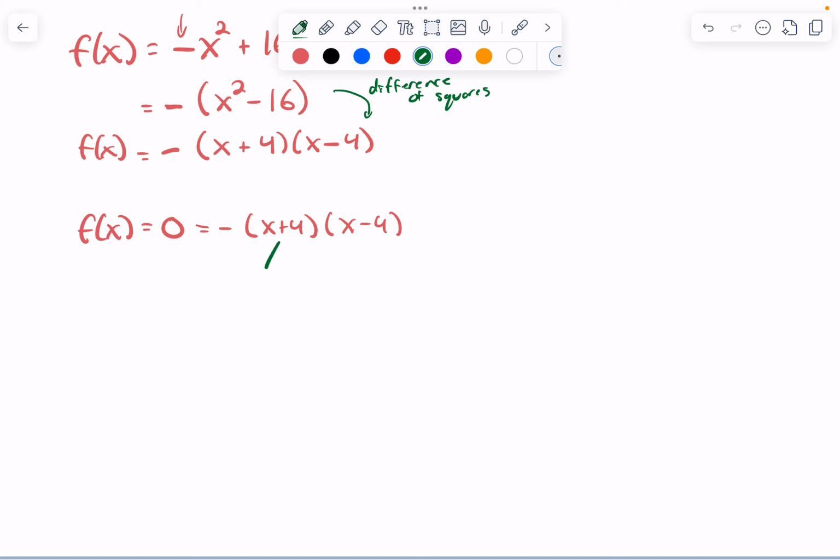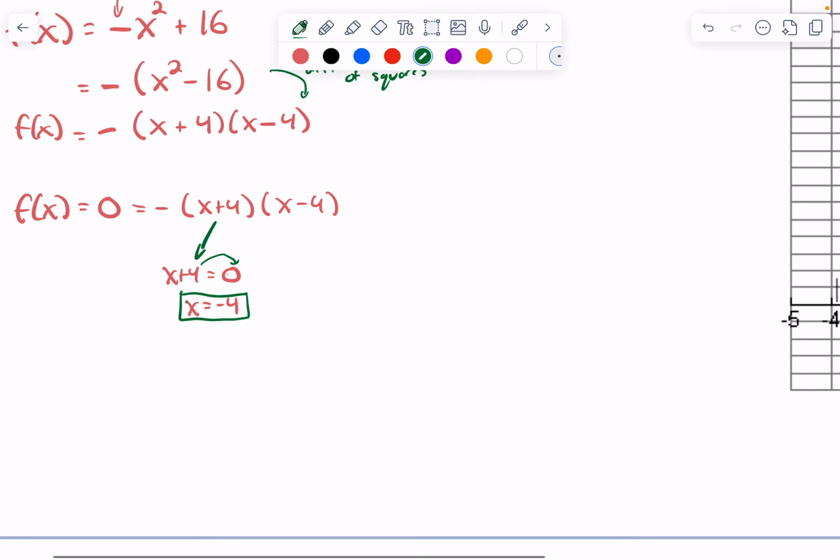Well, you just take this bracket, this x plus 4, and you say, okay, what value of x, solve for x, would make it 0? So bring the 4 over to the other side, and you would find that if x was minus 4, then this whole thing would equal 0. So there is one of your x-intercepts. But you would also get 0 if you found an x value that would turn the other bracket into 0.